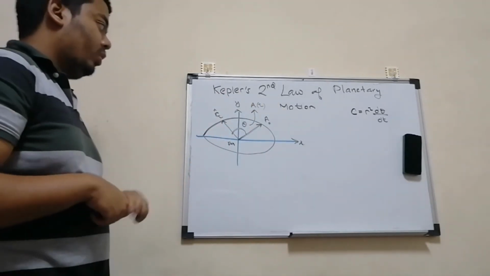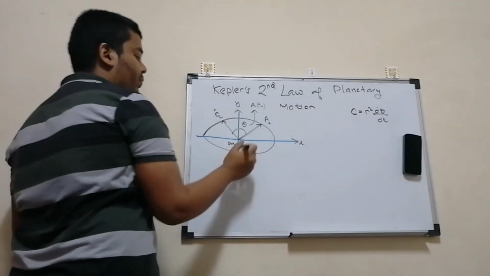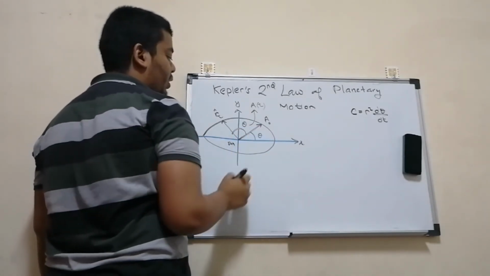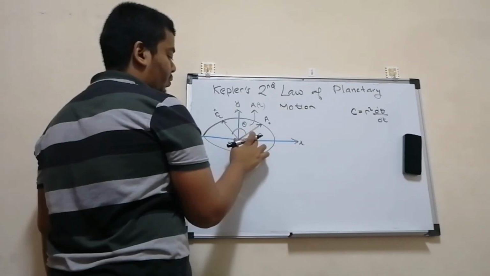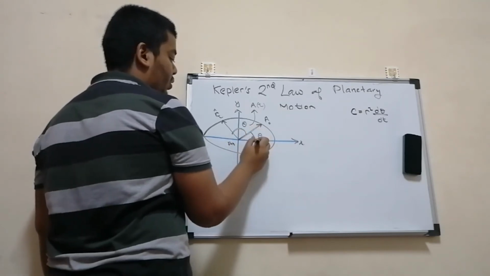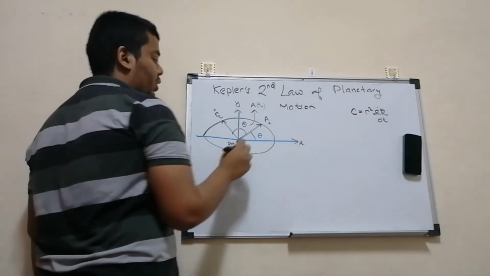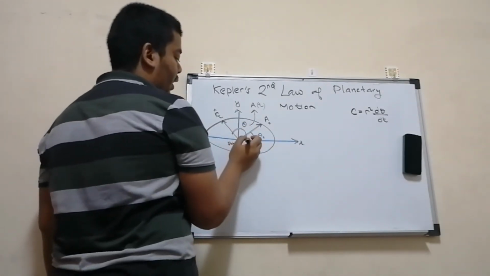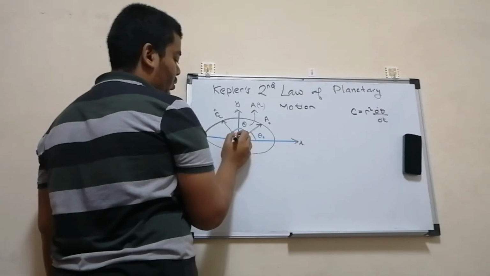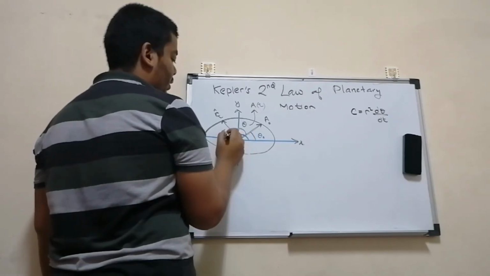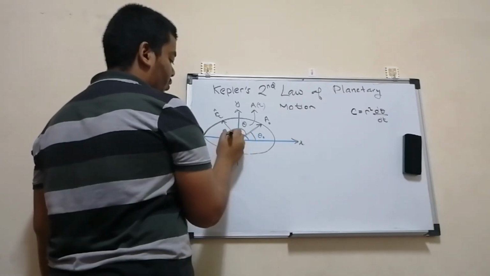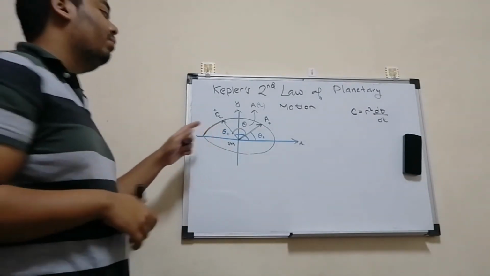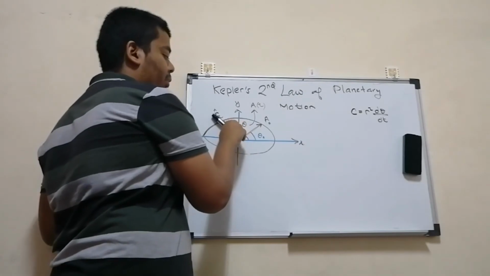So the angle here is actually given by theta naught, and the angle here is theta t. Okay, so what we'll have to do is start from here and end up at here.